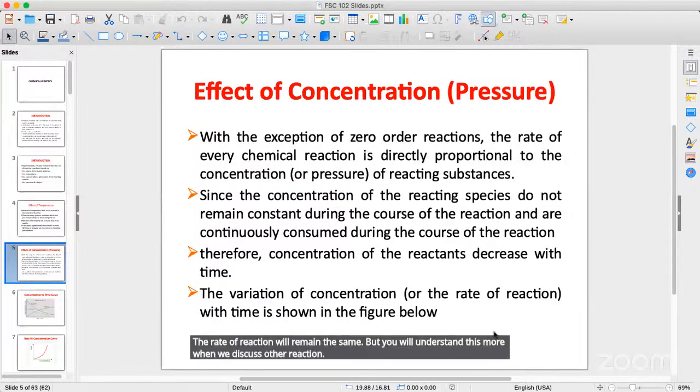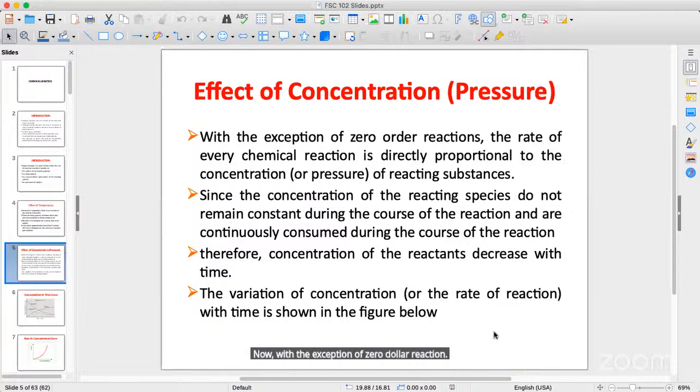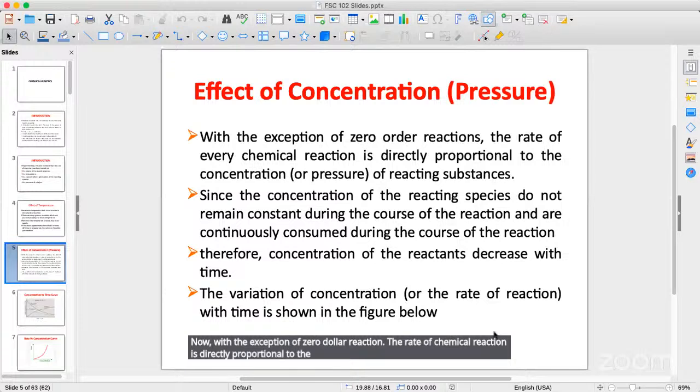Now, with the exception of zero order reaction, the rate of chemical reaction is directly proportional to the concentration or pressure of the reacting species.